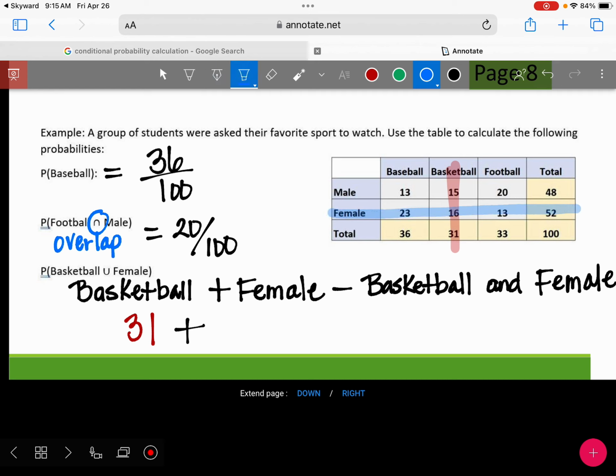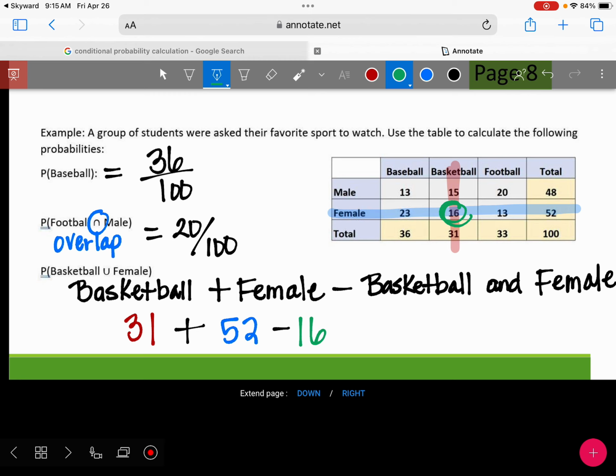There's 52 females. So plus 52. But what we have to do is subtract the number that I highlighted twice. So what number did I highlight twice? 16. And the reason why is because I don't want to include these same 16 people twice.